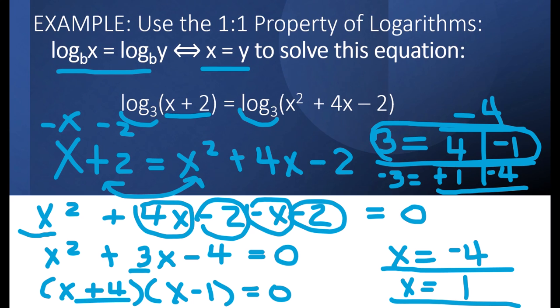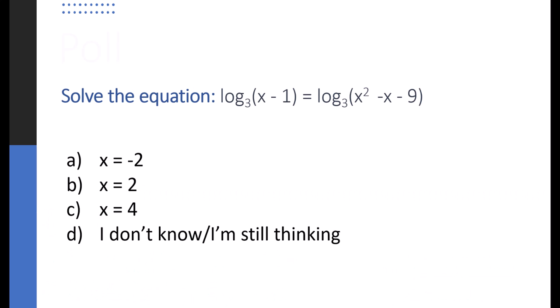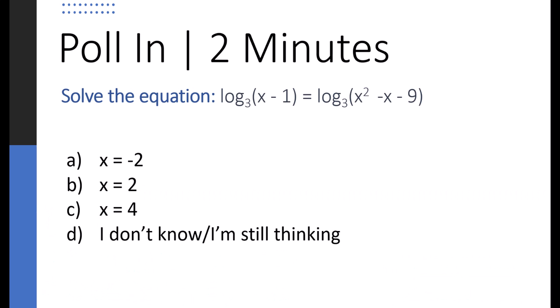I just repeated this, so if you're downloading the notes, you have all of my work shown here. Remember, we have to throw away x equals negative 4 because it's an extraneous solution. We don't want to stop when we get an answer. We always want to check our answers.